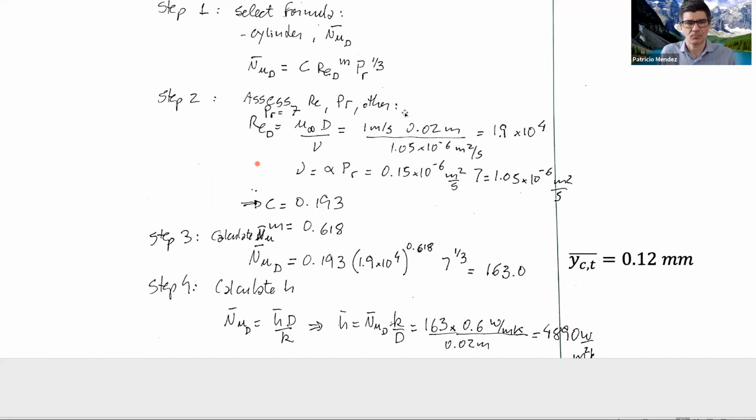And here are the 4 steps, the way I wrote them in the answer key. I'm not going to hide this write-up from you, but this is the write-up you would have at home to plug in a number. So 1, you select a formula. It is a cylinder, it is average Nusselt. So what do we have?